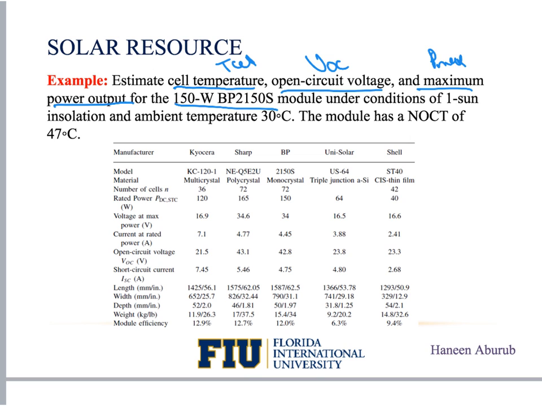The module has a NOCT of 47 degrees. Since the NOCT is given, we can use the first equation for the cell temperature, and this is the table that has the information about the module that we are working on.